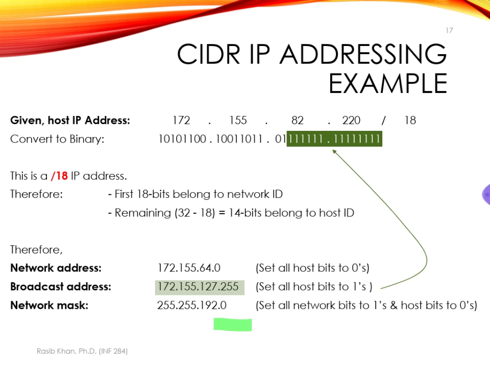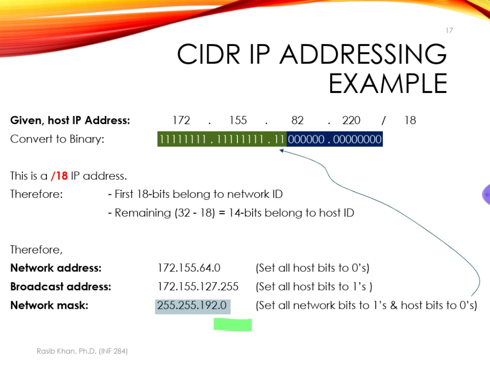Next, for calculating the network mask, we set all the network bits to ones and all the host bits to zeros. If we convert each of these as individual octets, it comes to 255.255.192.0 as the network mask.